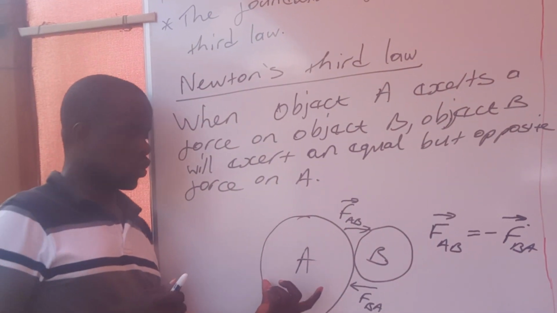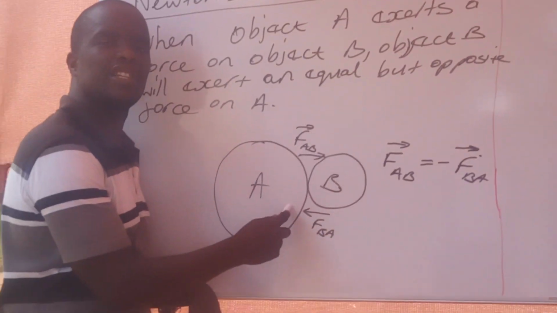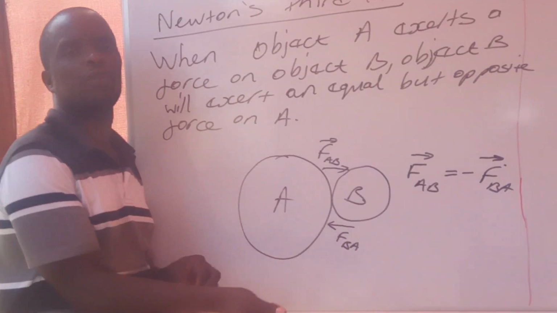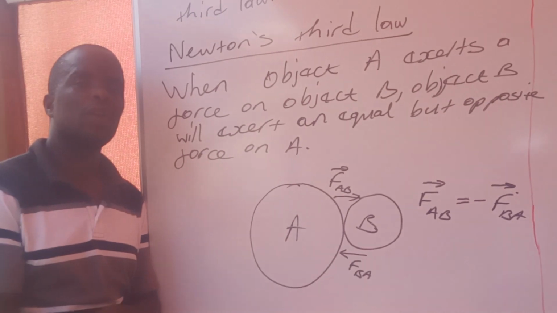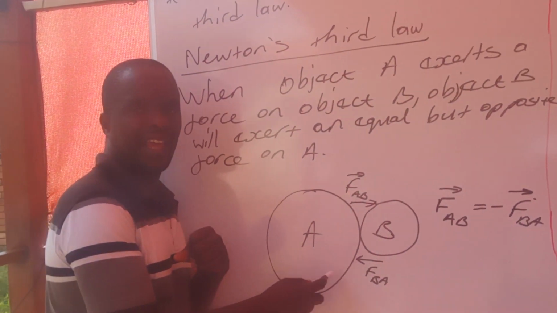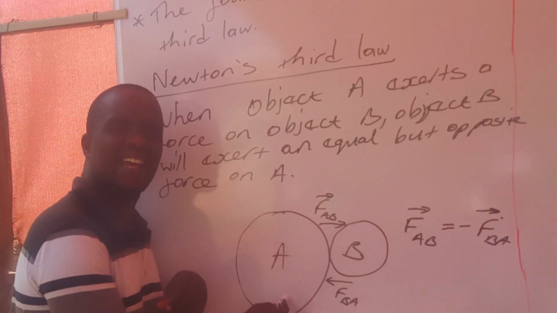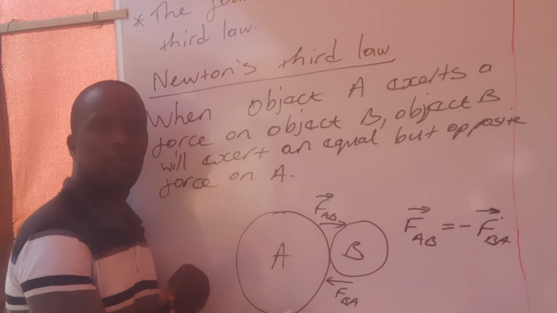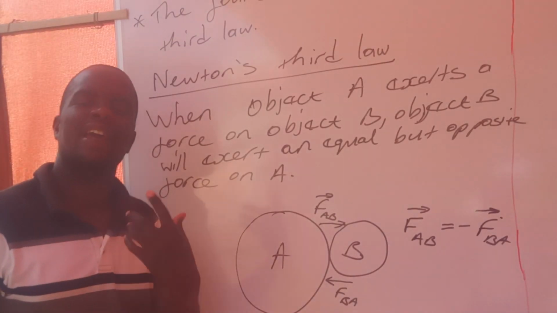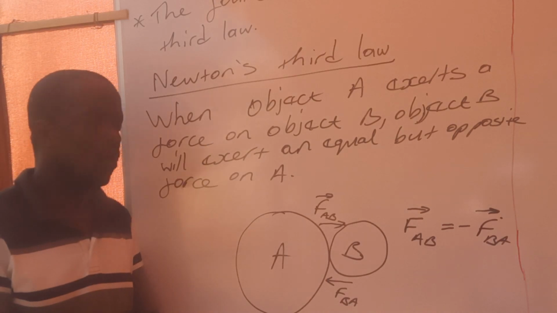Now, this is true regardless of the difference in sizes of the objects that are exerting a force on each other. You need to remember this. Even if object A is the earth and object B is yourself, no matter the difference in size between the earth and yourself, the force exerted by the earth on you is equal to the force that you are exerting on earth.